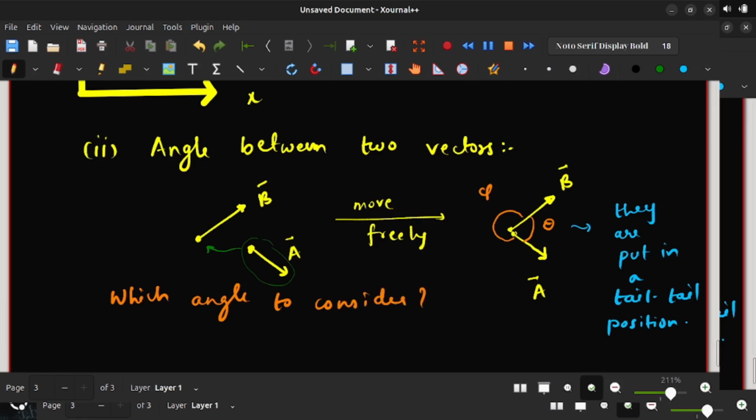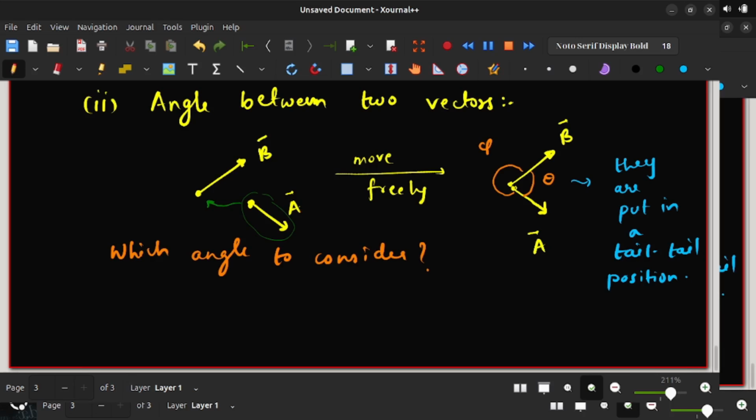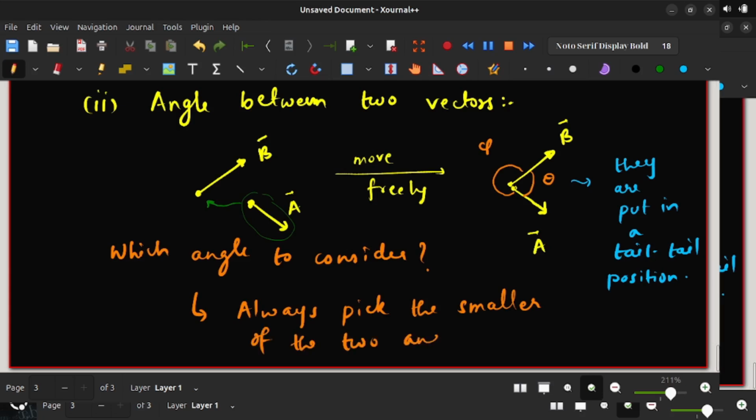The answer to this question is that always pick the smaller of the two angles. Let's say one of the angles is maybe 100 degrees, the other is 260 degrees, then you should always pick the 100 degrees.